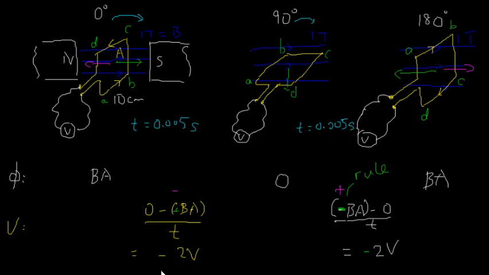Minus will give me plus here, and plus here would be a plus here. So I'll end up with plus 2 volts and plus 2 volts, and they're still in the same direction. So physically, the important thing is that this rule, this approach, allows me to tell whether the voltages and currents are in the same direction.